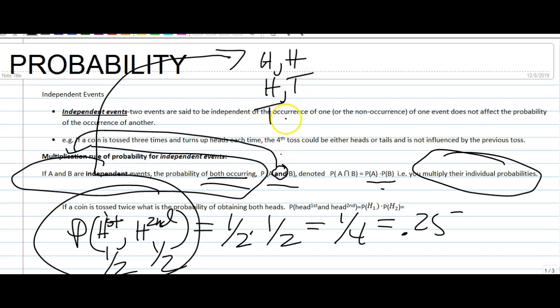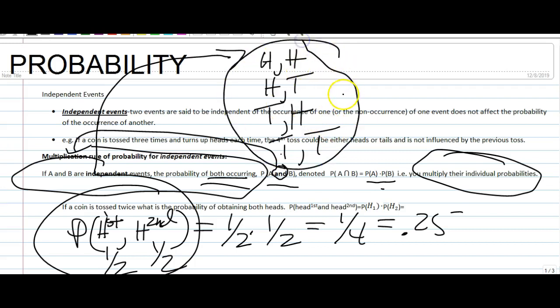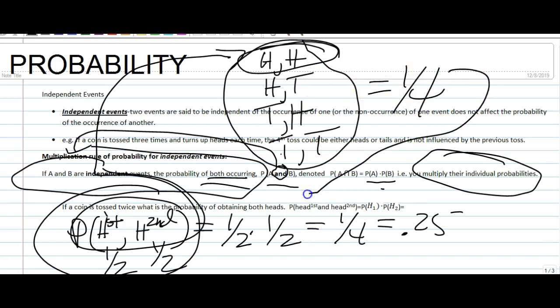Or I could get tails on the first toss and heads on the second toss. Or I could get tails and tails. So there are 4 possible outcomes, and only one of those results in obtaining both heads. So that's 1/4, which is the same thing we got here by multiplying their separate probabilities.